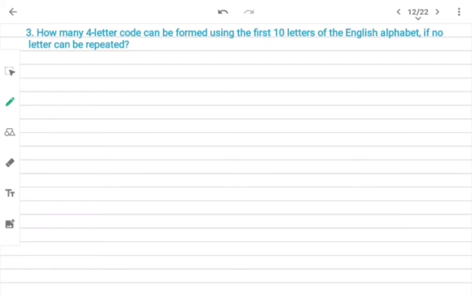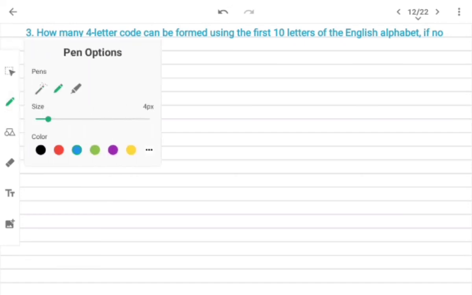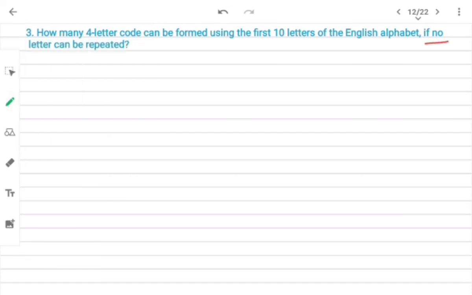How many 4-letter codes can be formed using the first 10 letters of the English alphabet, if no letter can be repeated? So, first place, second place, third place and fourth place.